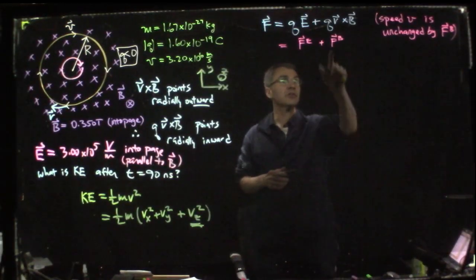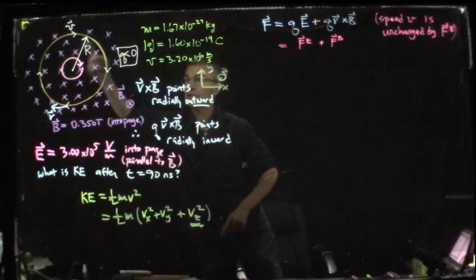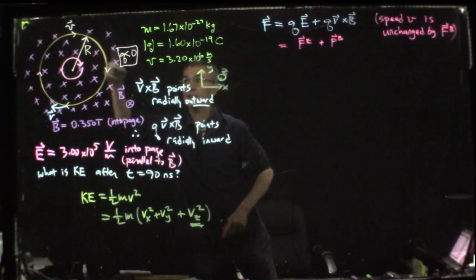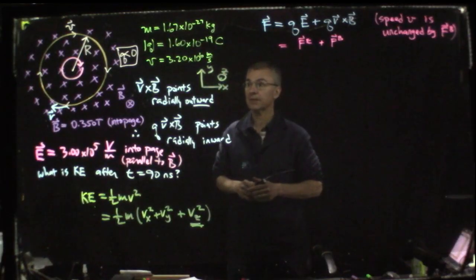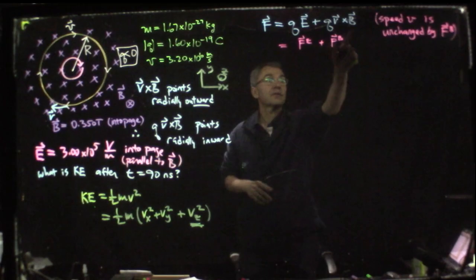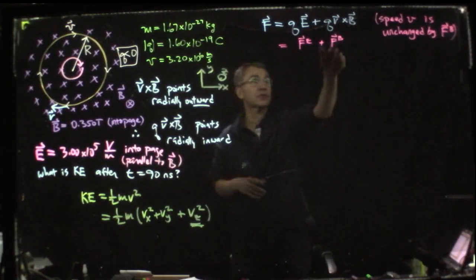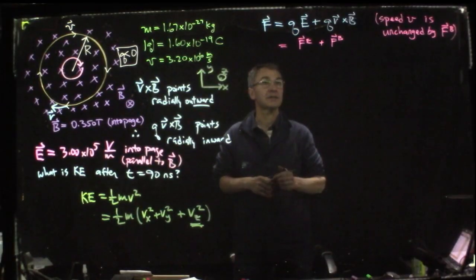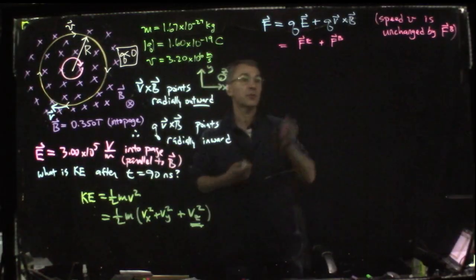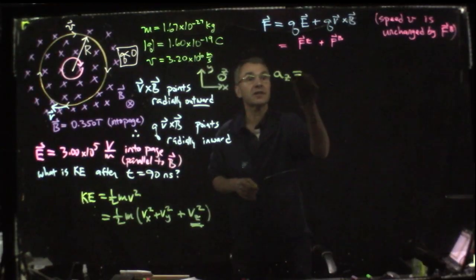So the acceleration caused by the magnetic force is just in this xy plane. It's what causes it to continue to go in a circle as projected in the xy plane. And there will never be a z component of the magnetic force here because of this cross product. So the magnetic force is always perpendicular to the magnetic field. So we can work out the acceleration in the z direction.